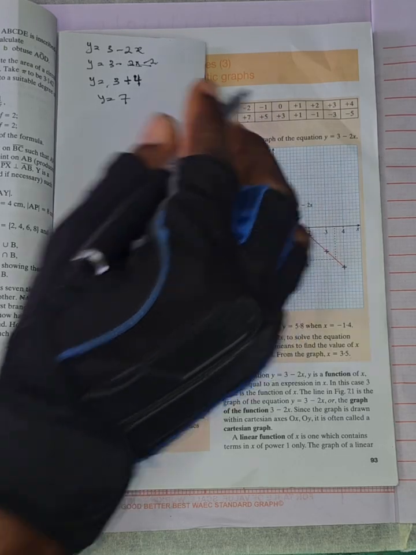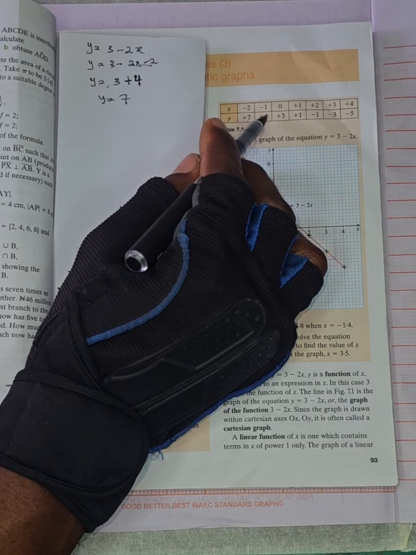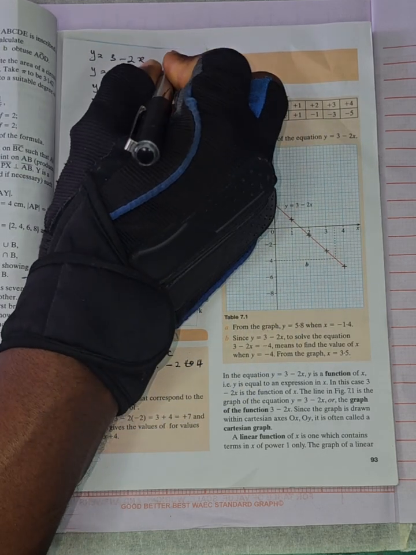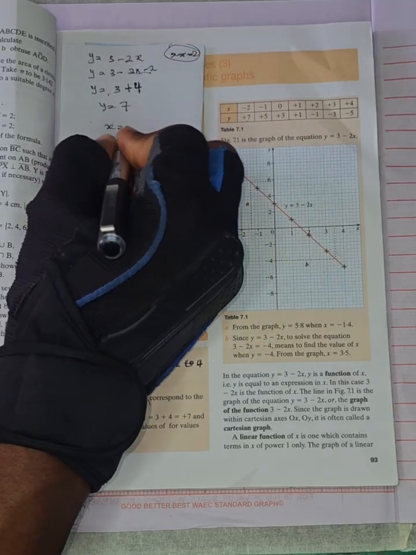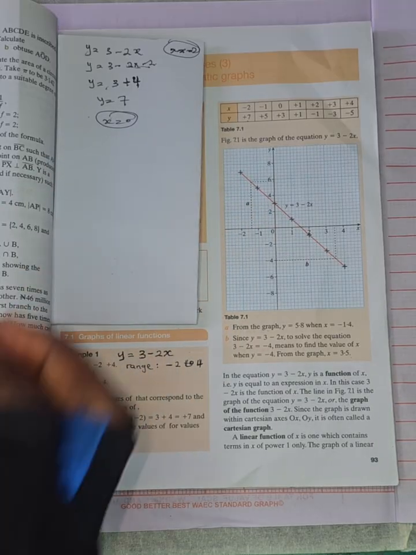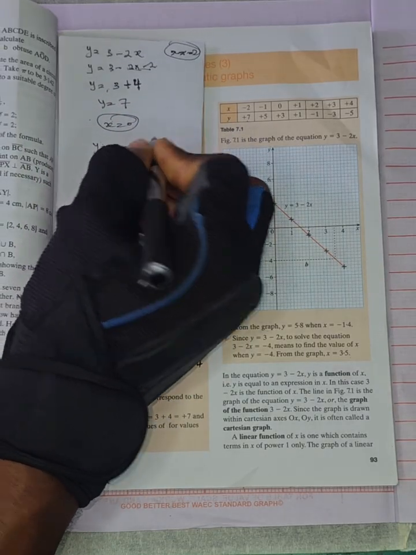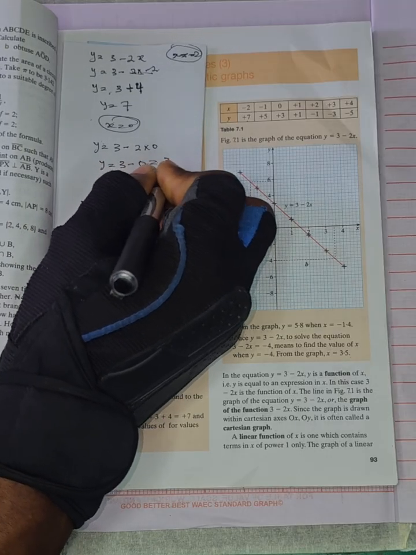So let me jump a step and go to 0. They just use the same steps to solve for this, and everything. So let me go to 0. This is for x equal to minus 2. Let's go for x equal to 0, so we can solve everything inside this small sheet. So y is 3 minus 2 times 0, which is y is 3 minus 0, which is the same as 3.